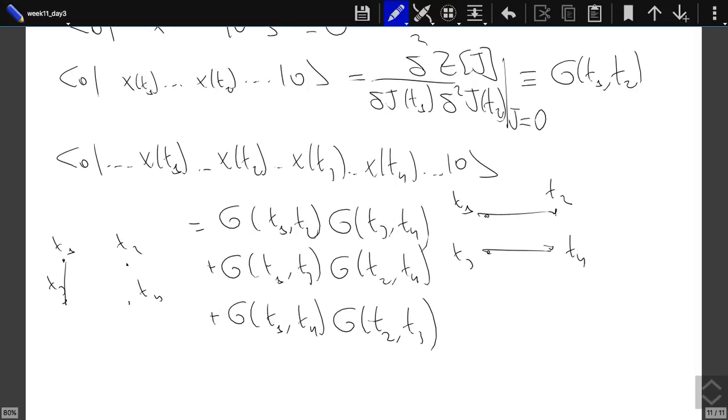T1 and T3 are connected, T2 and T4 are connected. And then I have, again, T1, T2, T3, T4. T1 and T4 are connected, T2 and T3 are connected. This is just an alternative way of deriving the Feynman rules.